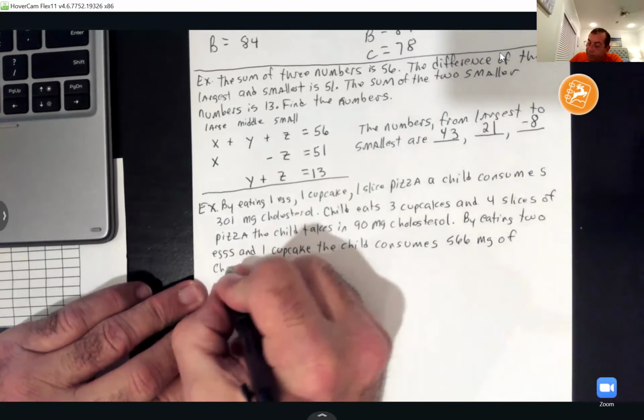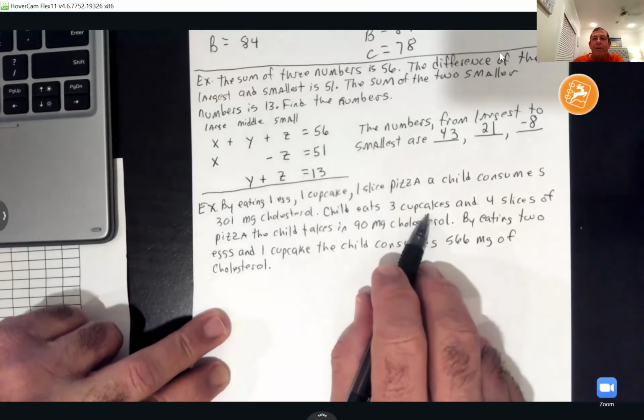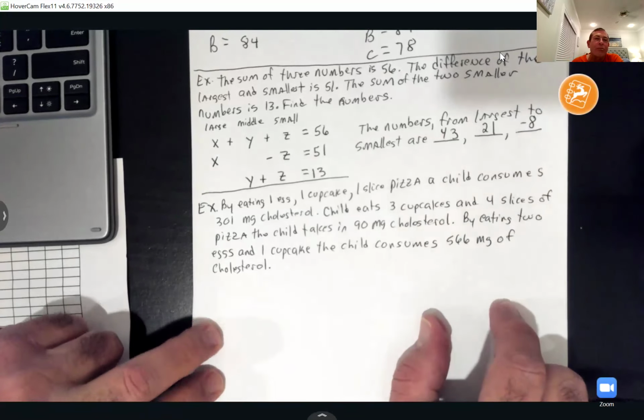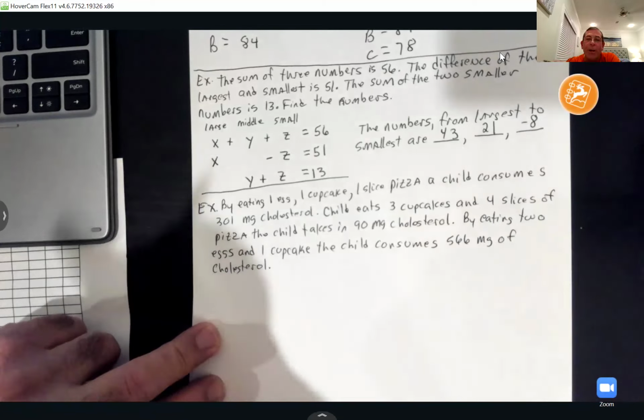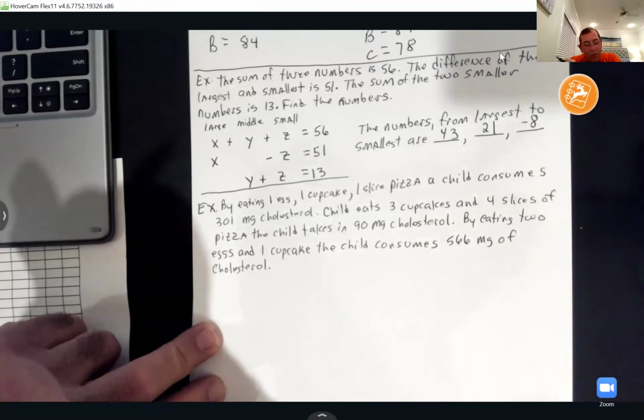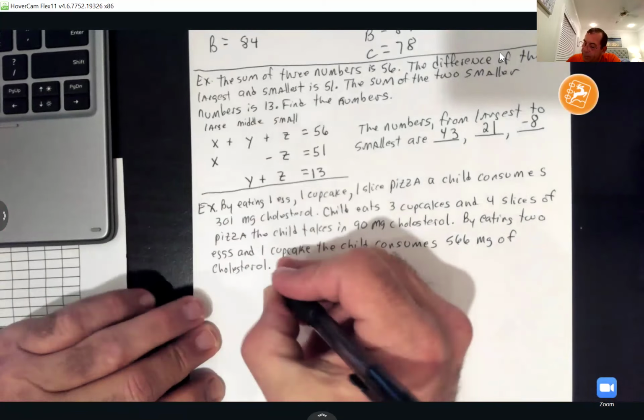So you know what they want to know, right? They gave us 3 types of foods, all these amounts of cholesterol. So they want to know how much cholesterol is in each item.